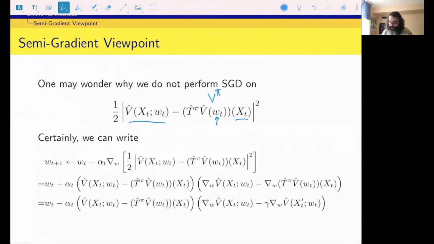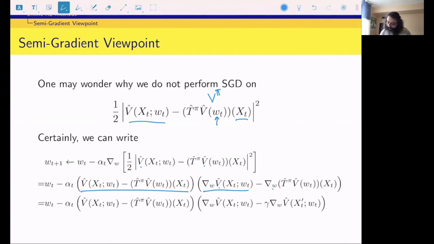So we have this residual term, which is the same as the residual in the TD method. So this would essentially be the minus of the TD error. But then you notice that the gradient is with respect to both terms, because V hat appears in both terms. So we have the gradient with respect to W of V hat minus the gradient of T hat pi of V hat.